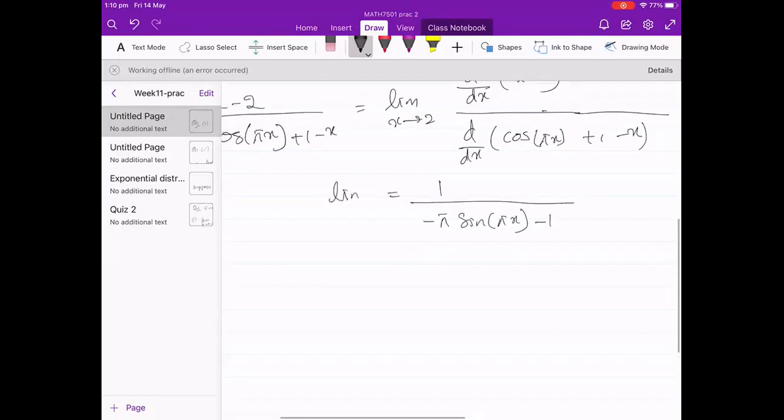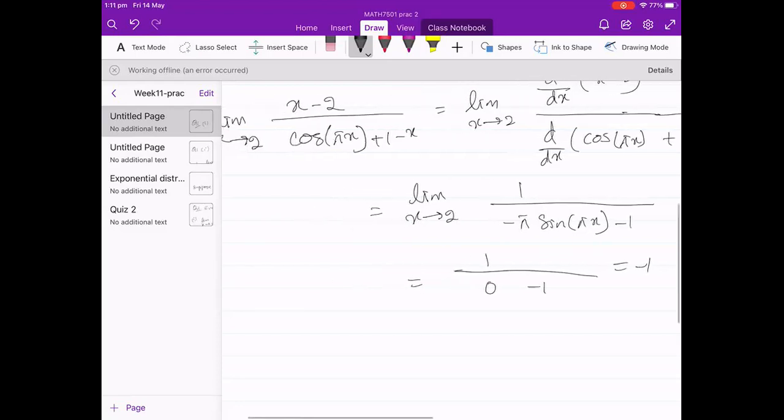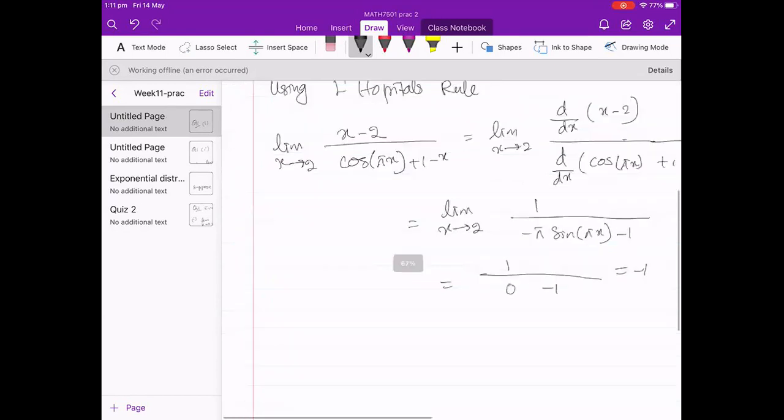So that's the limit as x tends to 2 of that. At x equals 2, sine 2 pi. What is sine 2 pi? 0, minus 1, which is minus 1. Okay, that's the second part.